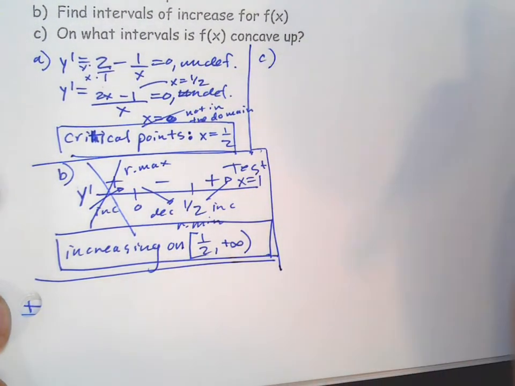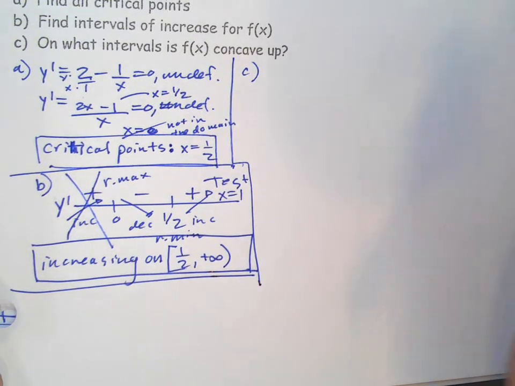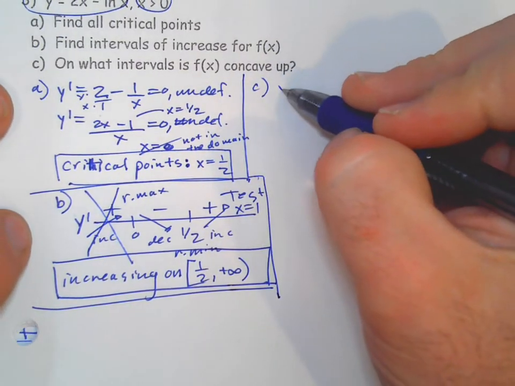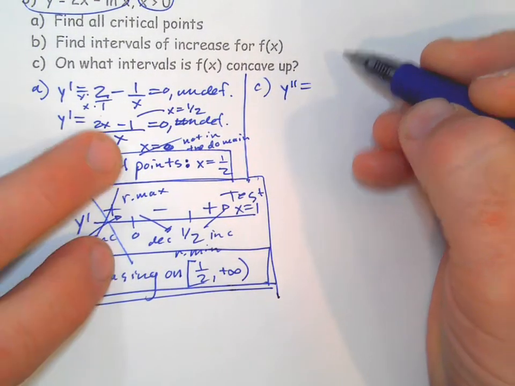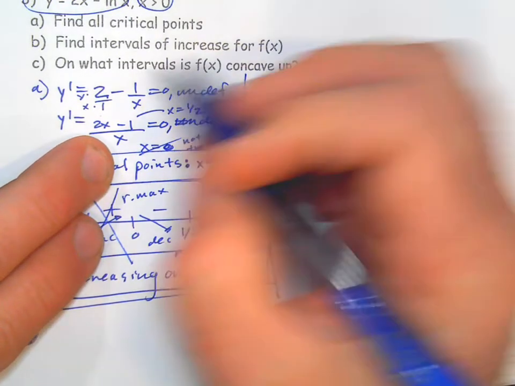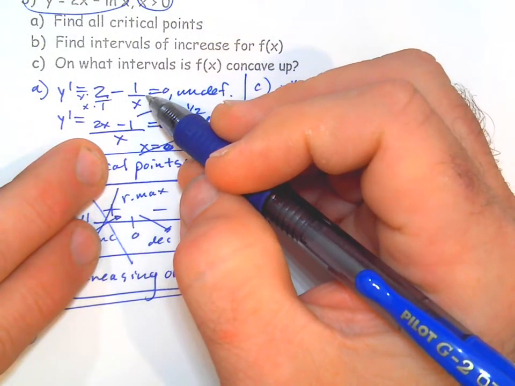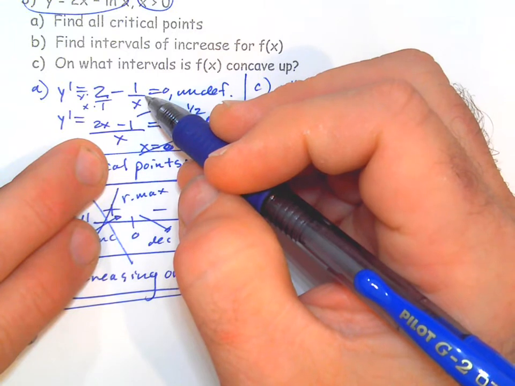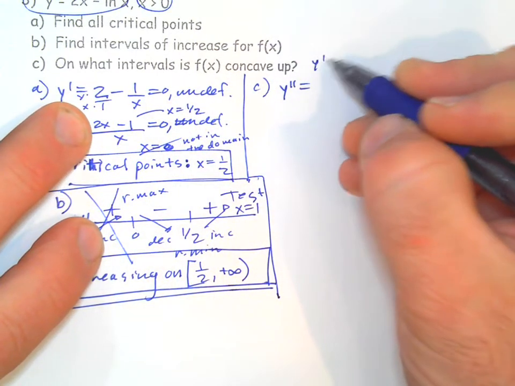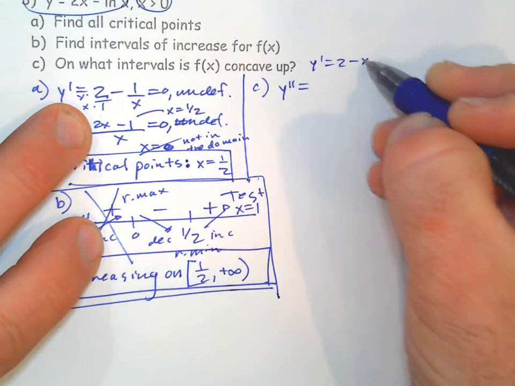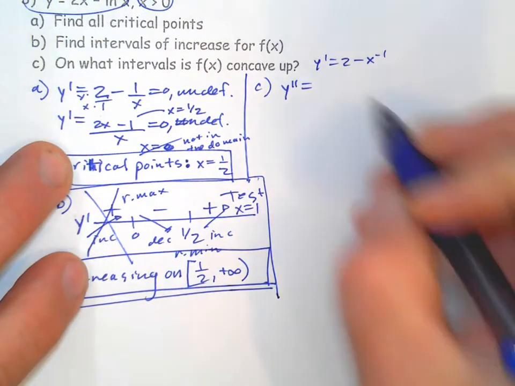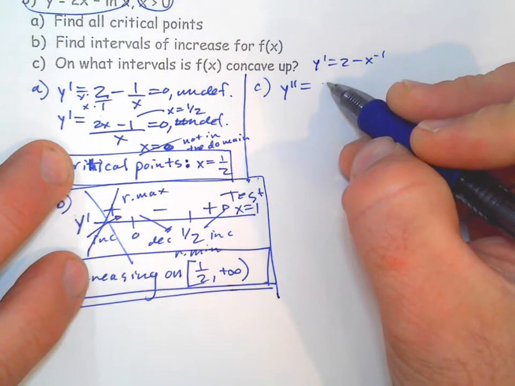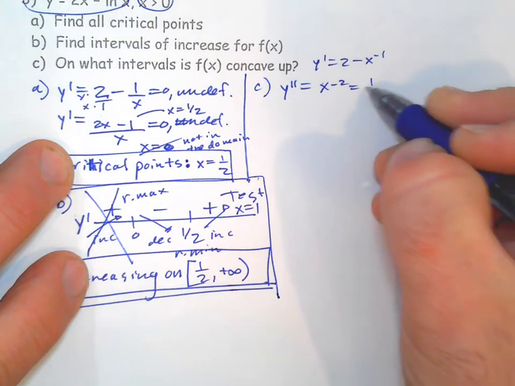Okay, C, on what intervals is f concave up? We need the second derivative. We could work with the original y prime, and I would do it like this, because then the derivative of that is going to be positive x to the negative 2, boom, 1 over x squared.